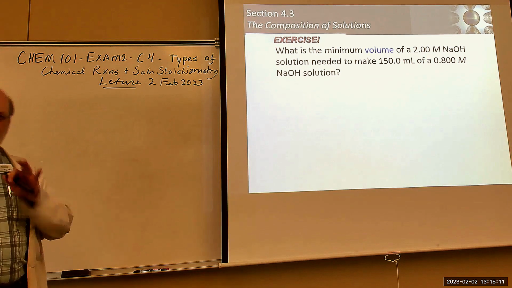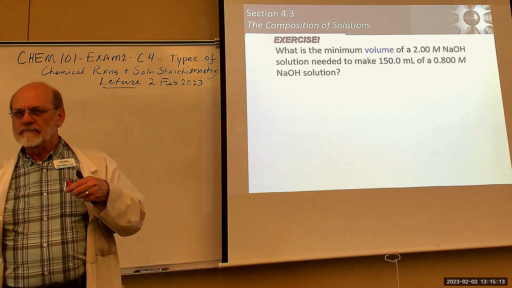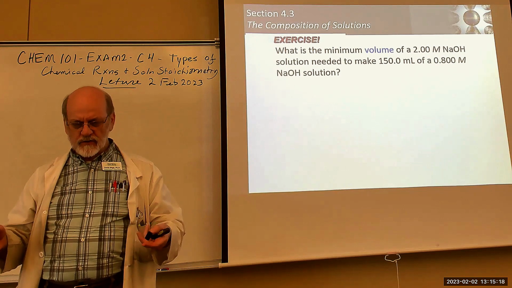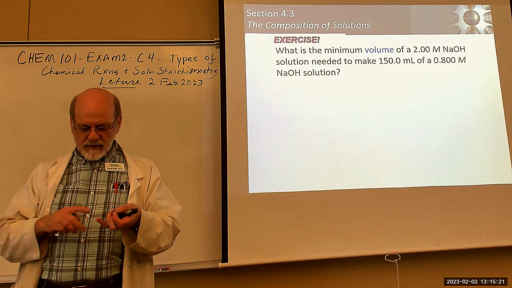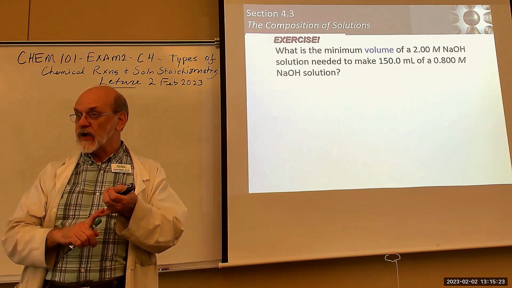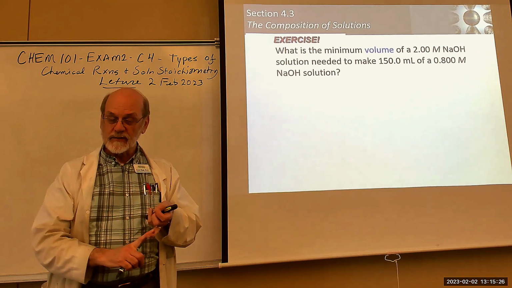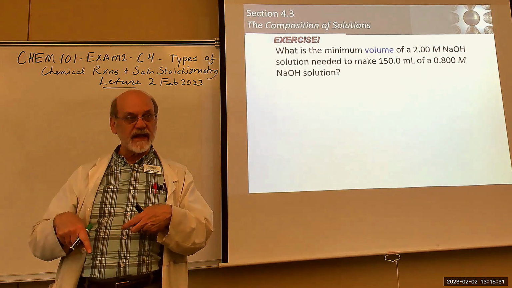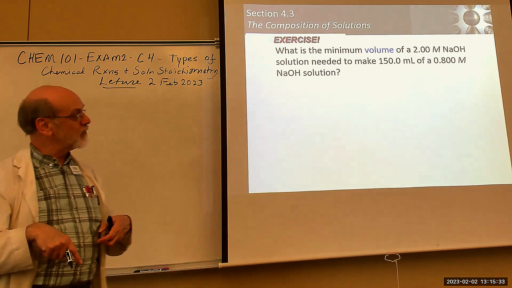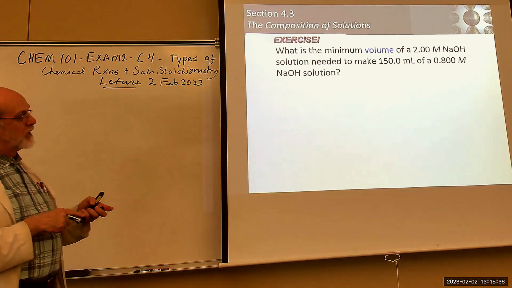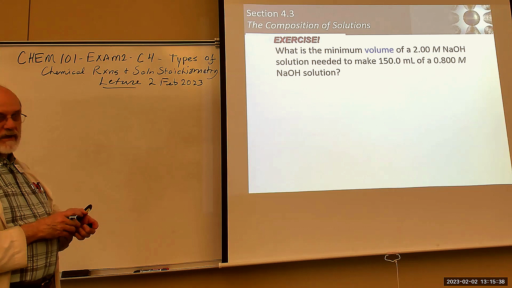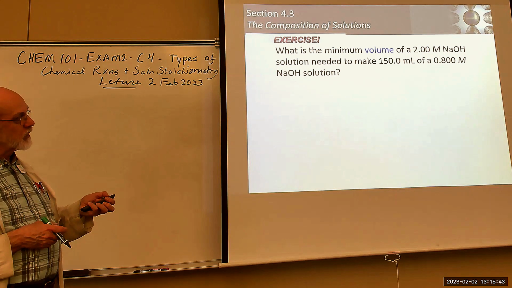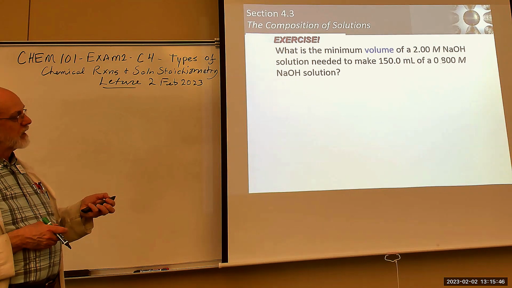So if you're trying to decide what type of problem it is, if you want to create a solution and you've only got mass or moles of the solute and a final volume, then you have to do that simple calculation like M equals n divided by V. But if you're given a problem where you have 2 concentrations or 2 volumes and there's 1 missing, then you've got a dilution problem.